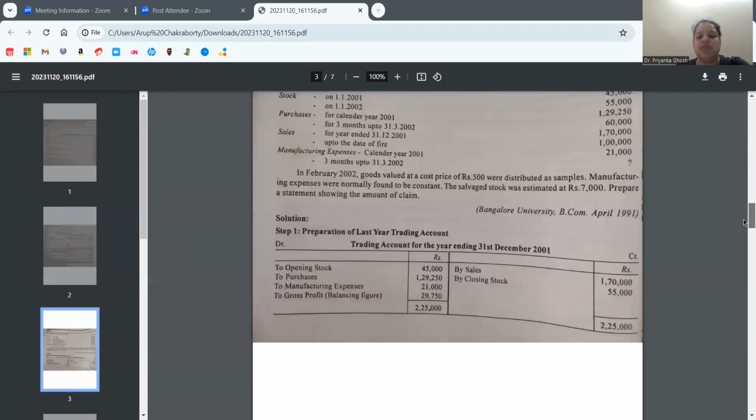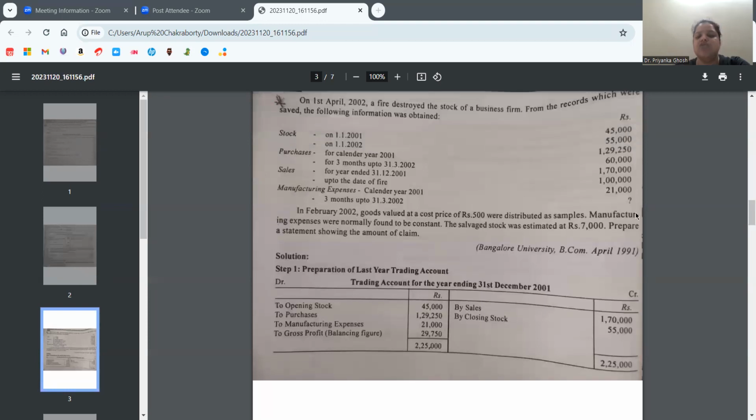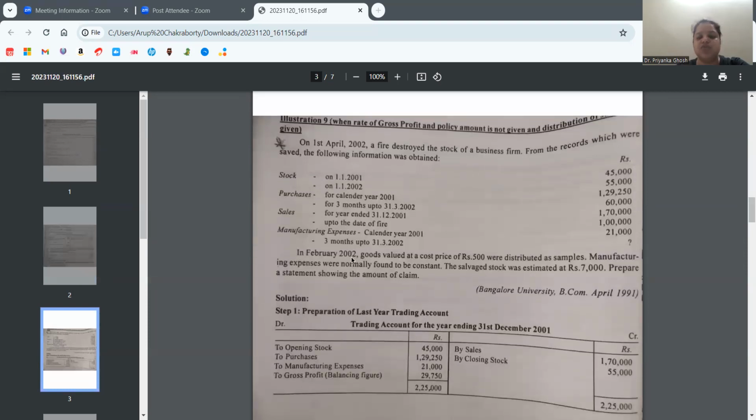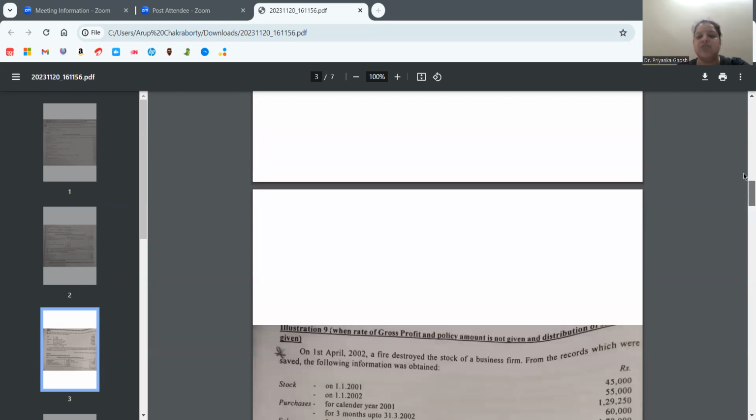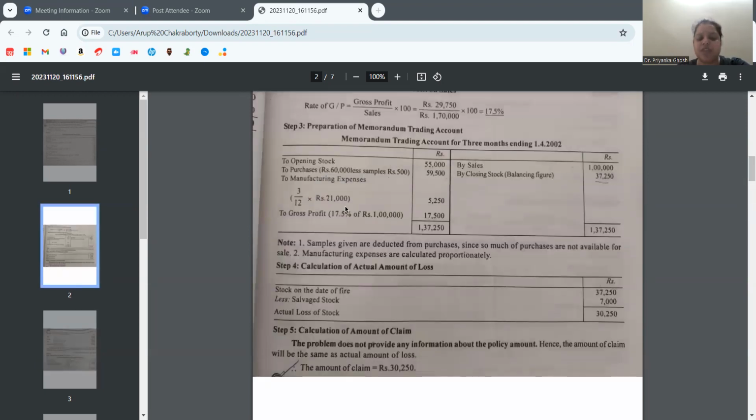Next, we need to record the manufacturing expenses. Manufacturing expenses for last year were 21,000 and they said that the manufacturing expenses are constant. So how to find out for this period? This year we are preparing the trading account for 3 months. If manufacturing expenses are 21,000 for 12 months, how much will it be for 3 months?